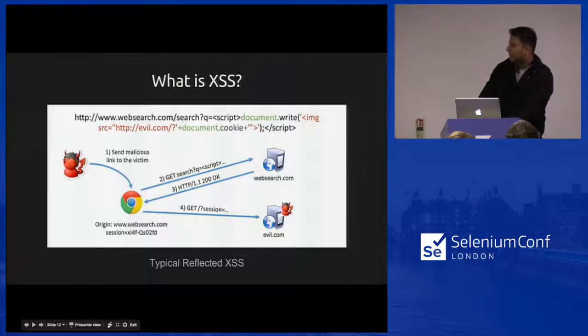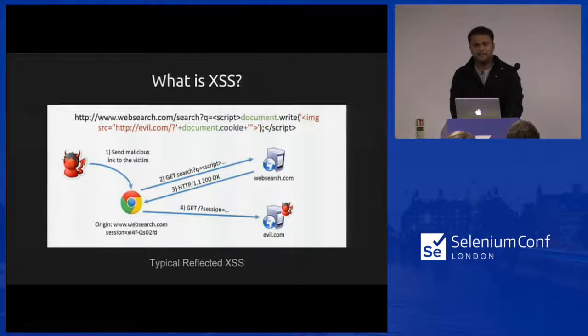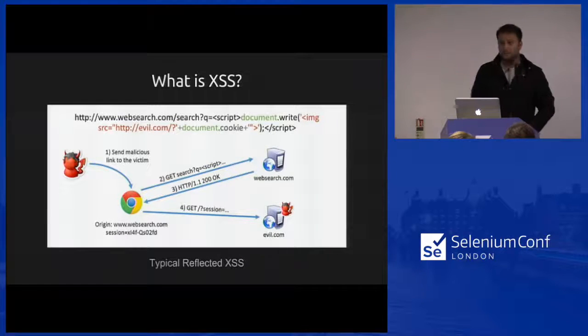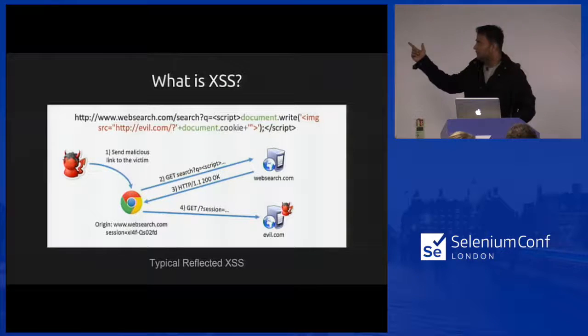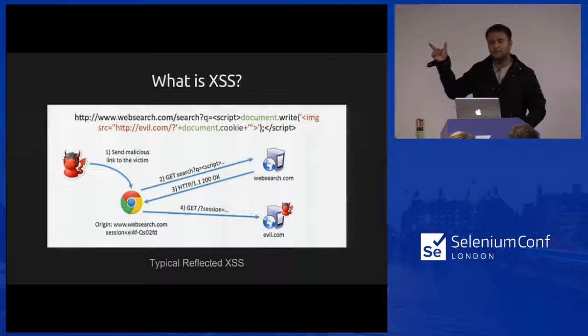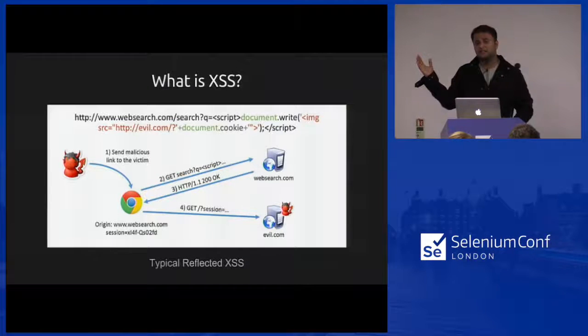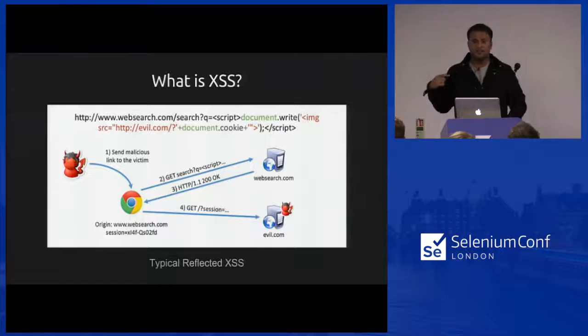So typically XSS comes in three types. Reflected XSS, where you can insert any malicious code in the URL itself. As you can see in this diagram, I could write an evil script, fetch it from a particular resource, and transfer the cookies from here to my own attacker website.